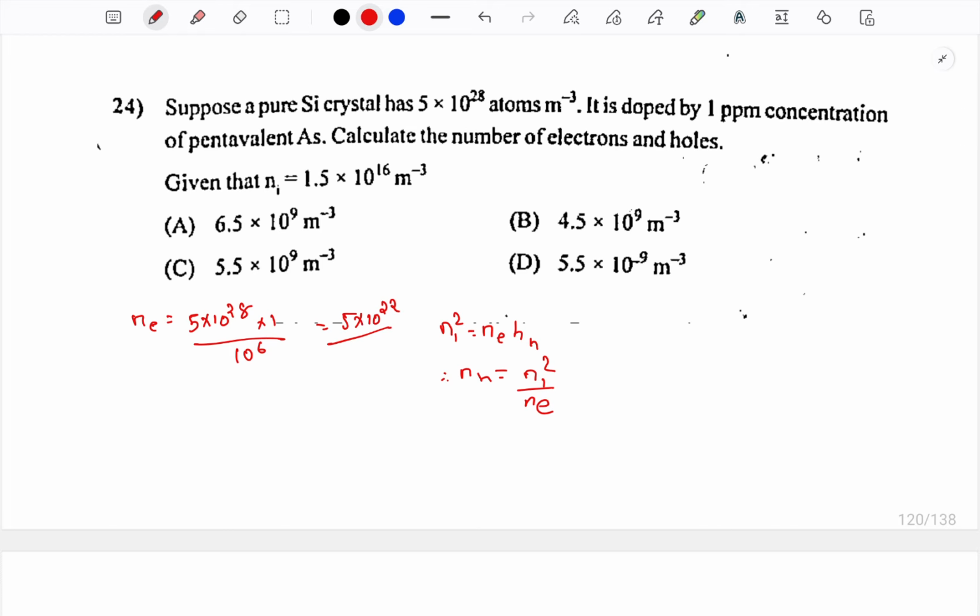According to calculation, Ni is 1.5 into 10 to the power 16, squared, divided by 5 into 10 to the power 22. So the answer will be 4.5 into 10 to the power 9 per meter cube. So B is the answer.